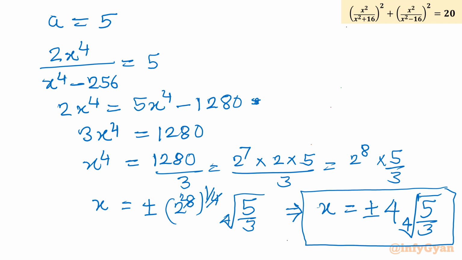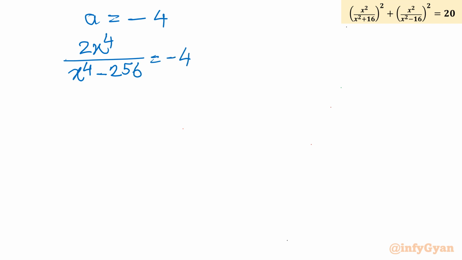Now let us consider the A equal to minus 4 case. In place of A, we can write 2x power 4 divided by x power 4 minus 256 equal to negative 4. Cross multiply, same way. 2x power 4 equal to minus 4 times (x power 4 minus 256). If you take the product, then I will write plus 1024.